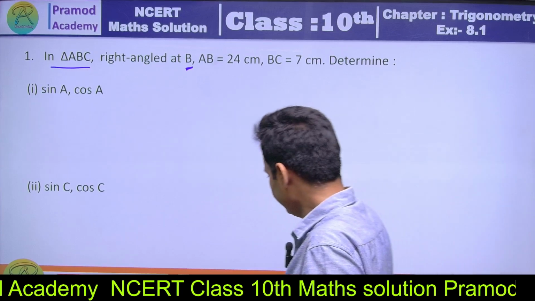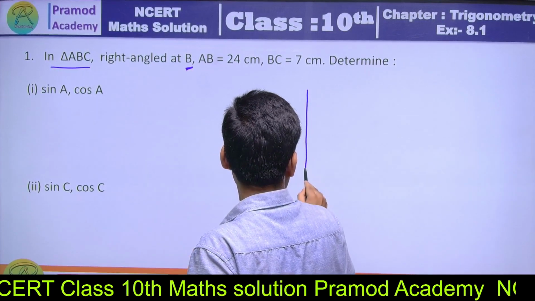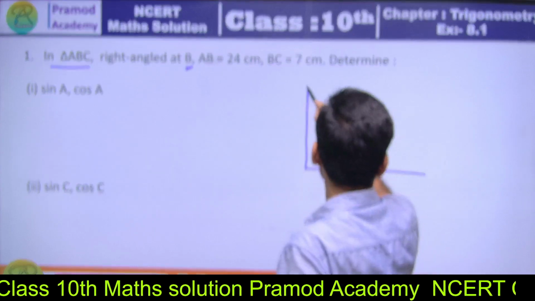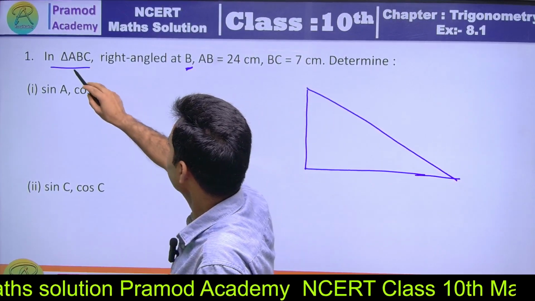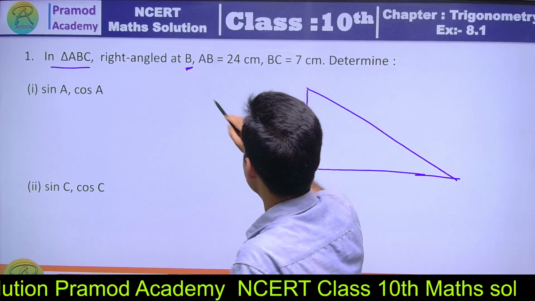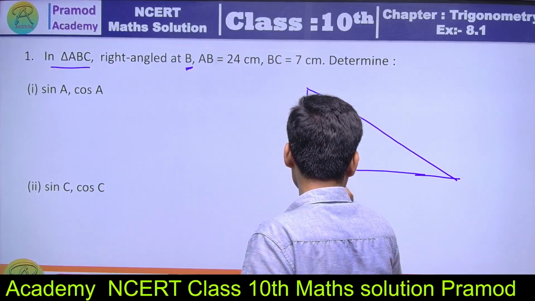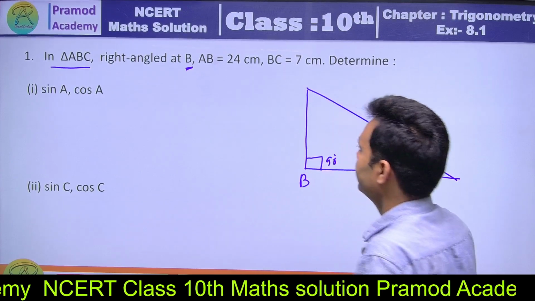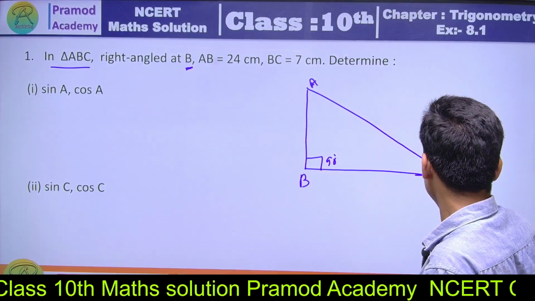I will draw one triangle according to this problem. So in this problem, triangle ABC, B is 90 degrees. Here it is B, and it is 90 degrees. Suppose this is A and this is C.